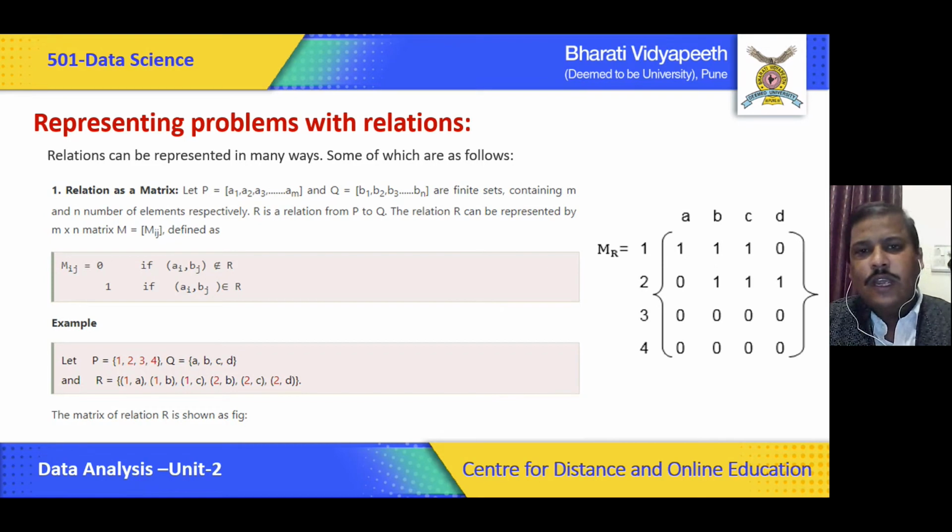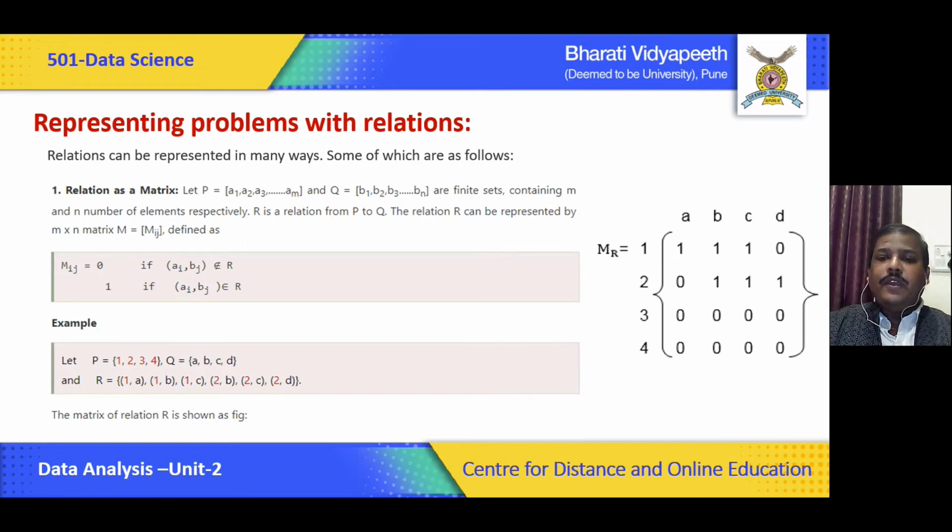Now we'll study how relations are significantly important for representing different kinds of problems. We have given one simple example. Relations can be maintained or represented in many ways, some of which are as follows: relations as matrix.